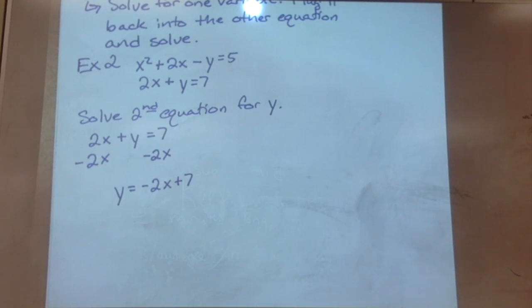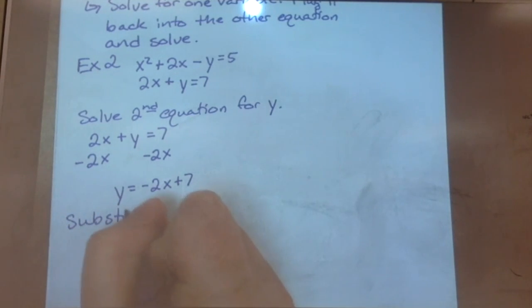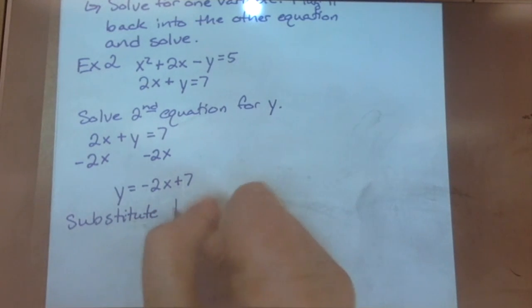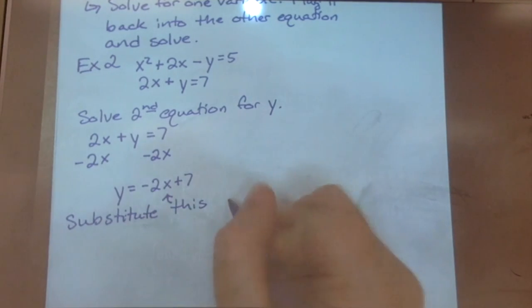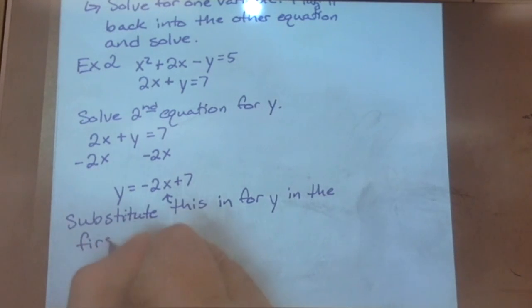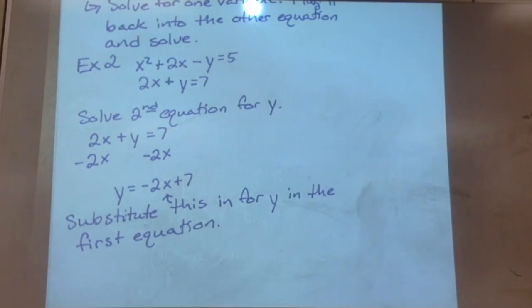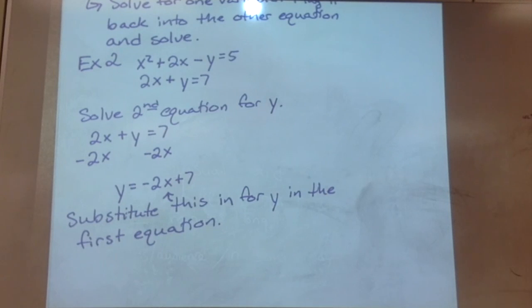So after you have solved for y, you're going to substitute this, and by this I literally mean this negative 2x plus 7, in for y in the first equation. So I'm going to take my first equation, x squared plus 2x minus y equals 5, but instead of a y, I'm going to write negative 2x plus 7, because that's what y is.